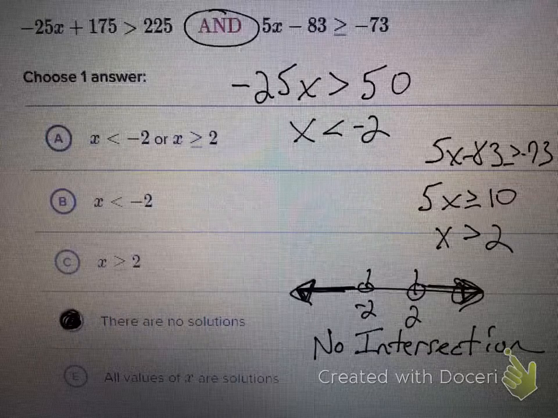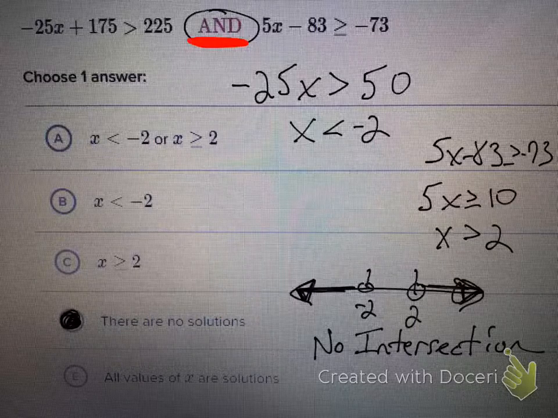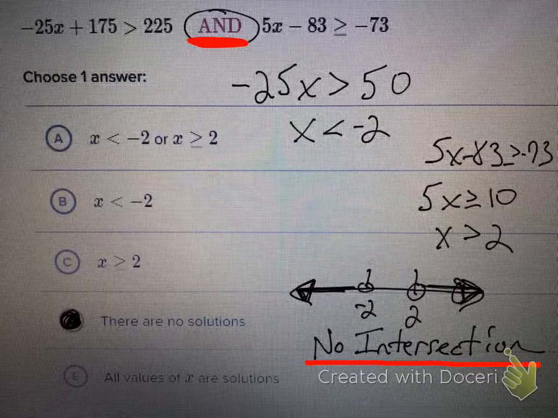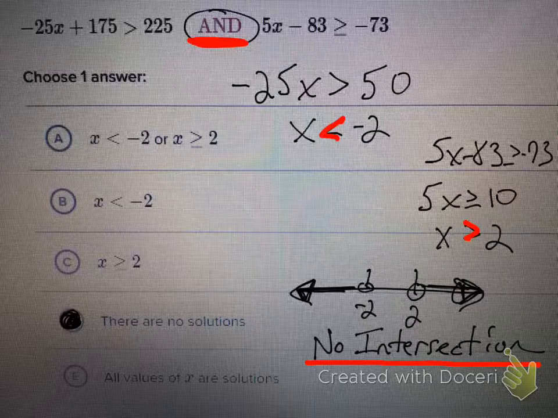I have another example here, but please notice that this has an and in the compound inequality. And when we have an and, we will be looking for the intersection of the two sets. And if I look at x is less than negative 2 and x is greater than 2, there is no intersection.